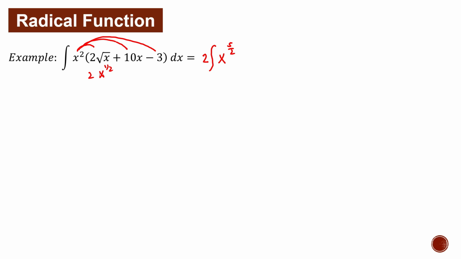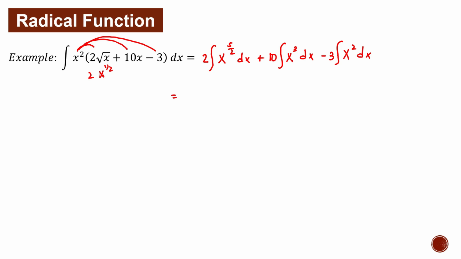right? 2 plus 1/2 is 5 over 2 dx plus 10 x raised to 3 dx minus 3, and then x squared dx.